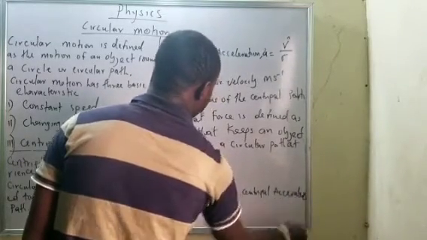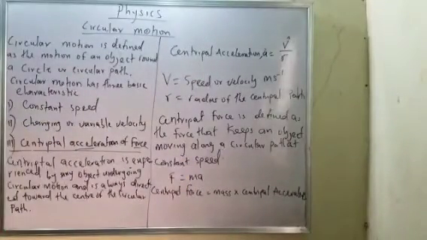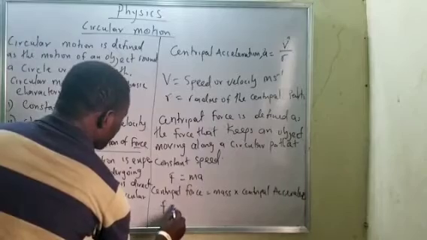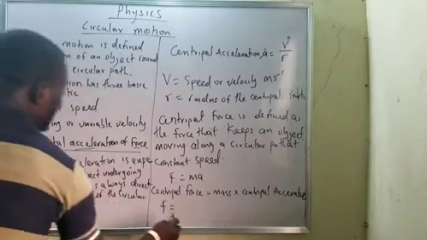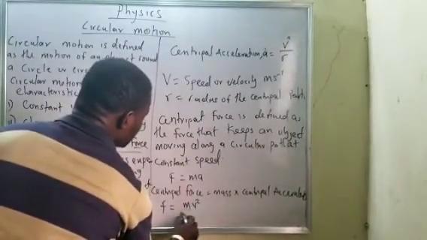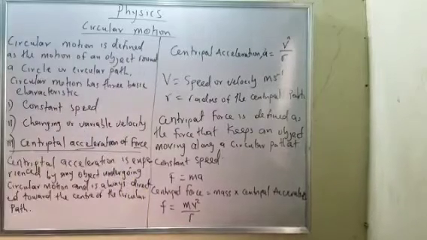Please, I'm writing acceleration there. That is what we are talking about. It means I can say that my F equals mv squared divided by radius. With this, you can see how it is.